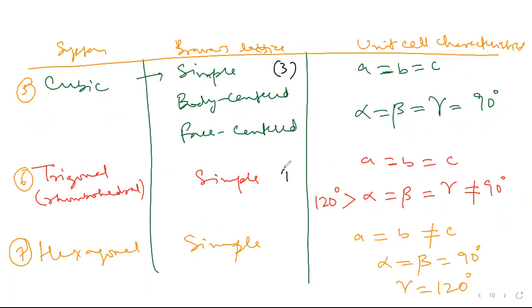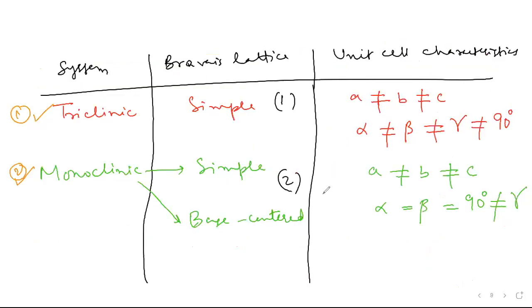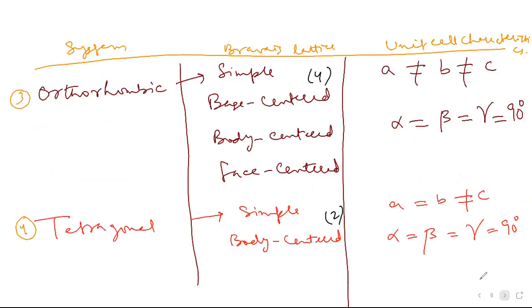Here we have 1. And we have here 1. So let us add them. 1 plus 1 is 2, plus 3 is 5. 5 plus 2 is 7. 7 plus 4 is 11. 11 plus 2 is 13. And 1 is 14. So we have 14 Bravais lattices and 7 crystal systems.